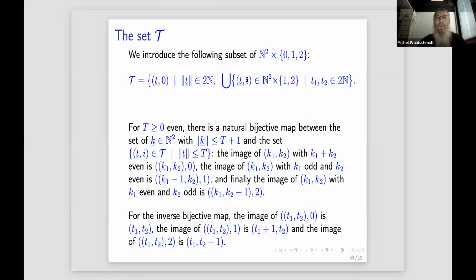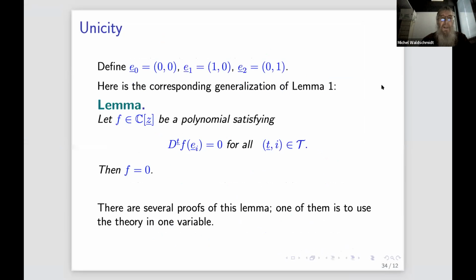And for the two other points, I request that t1 and t2 both are even. So I take more derivatives at 0 than at the two other points. And the argument which I explained here is that this gives the right condition for the number of equations and the number of unknowns.